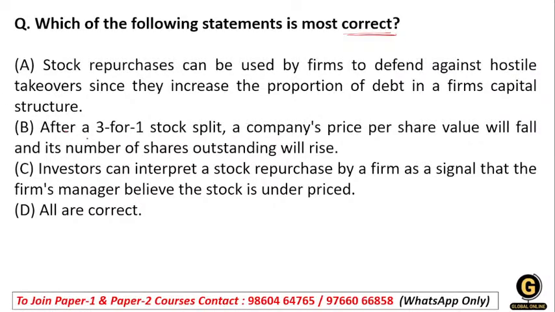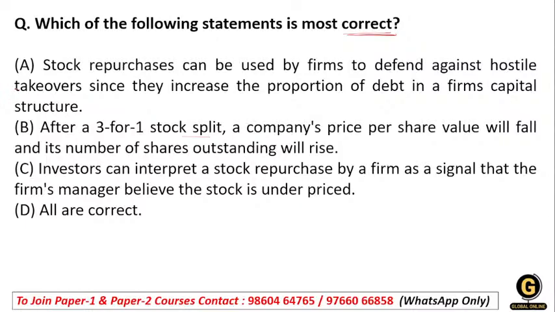Statement number 2: after a 3-for-1 stock split, a company's price per share will fall and its number of shares outstanding will rise. Then option C: an investor can interpret a stock repurchase by a firm as a signal that the firm's managers believe the stock is underpriced.